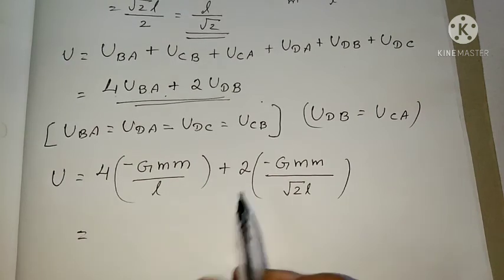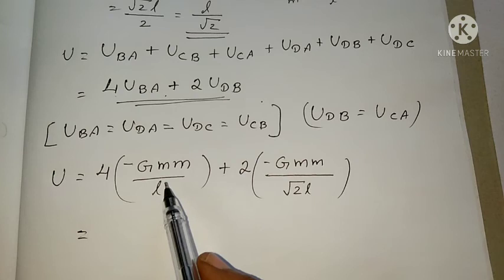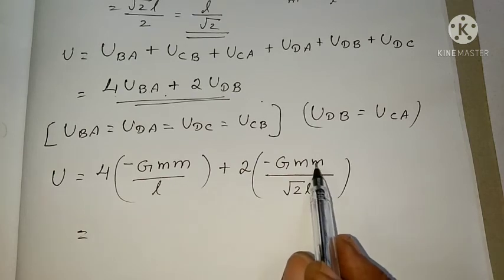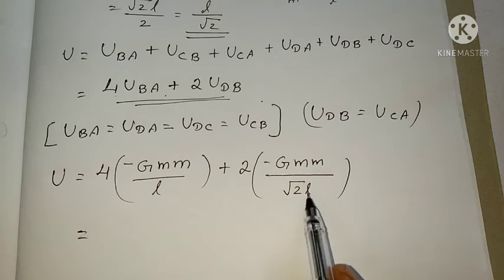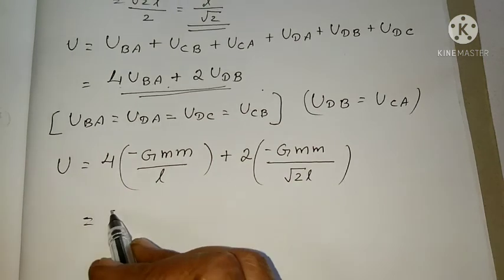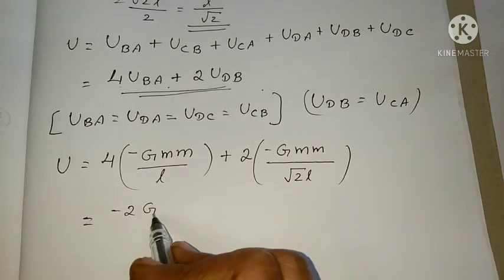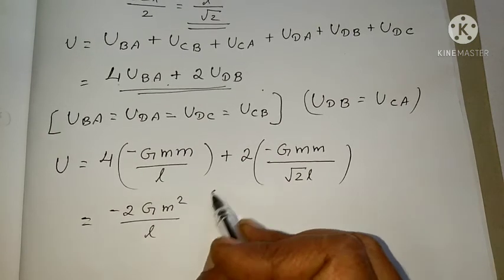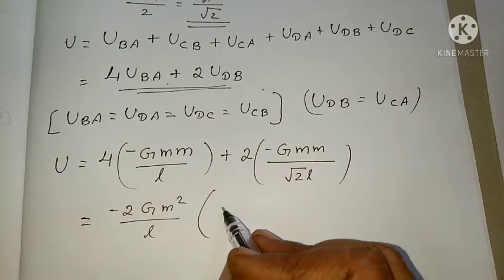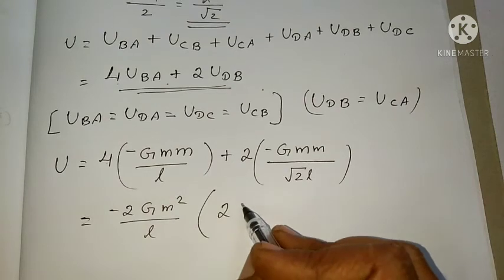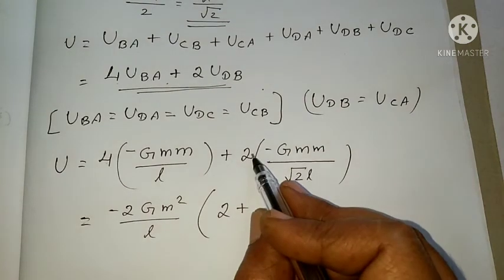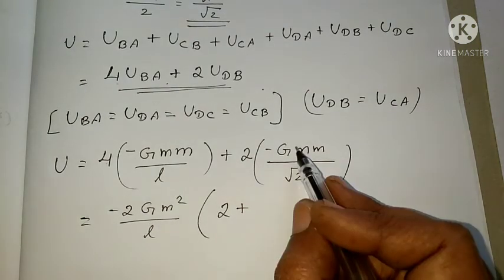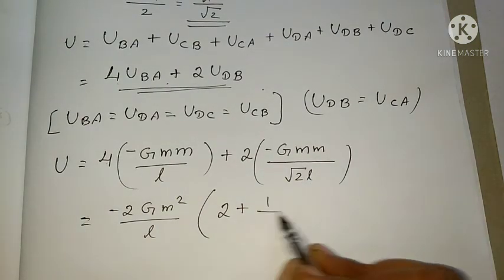From this equation we can take minus 2 G m square by L outside. Inside the bracket here it is 2, then plus what is remaining, 1 by root 2.